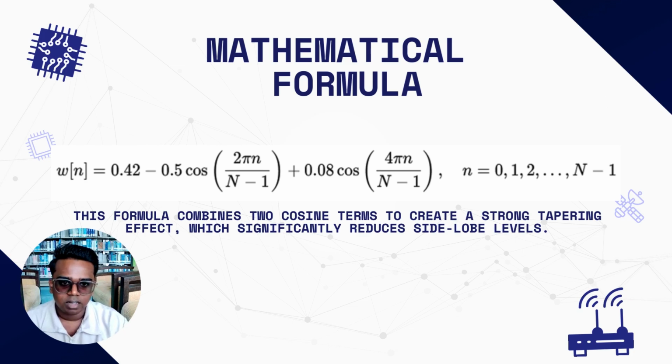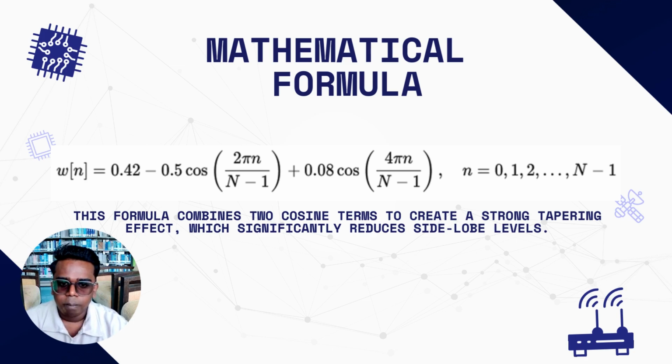The next part is about the mathematical formula. For a window of length N, the Blackman window is defined as shown in the slide. w(n) is equal to 0.42 minus 0.5 cos(2 pi n divided by N minus 1) plus 0.08 cos(4 pi n divided by N minus 1), and the small n is equal to 0, 1, 2, and so on.